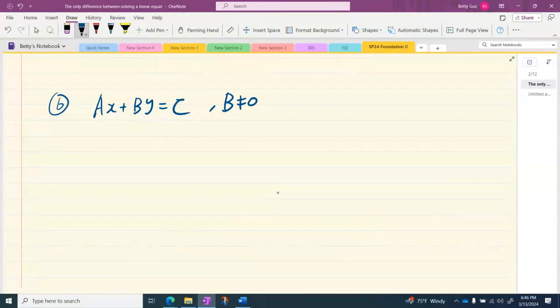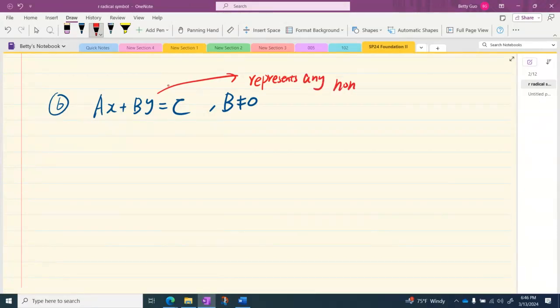So this represents any non-vertical straight line. If b equals 0, you don't have this part. You would have x equals a number, and that is a vertical line. And we know a vertical line does not have a slope-intercept form, right?